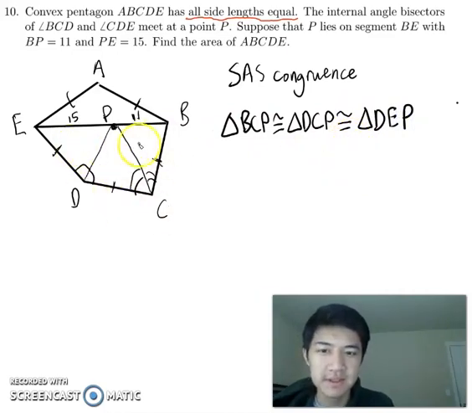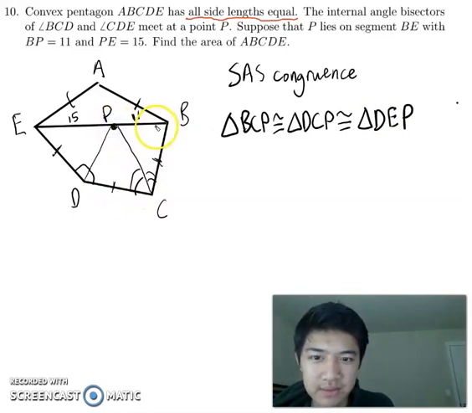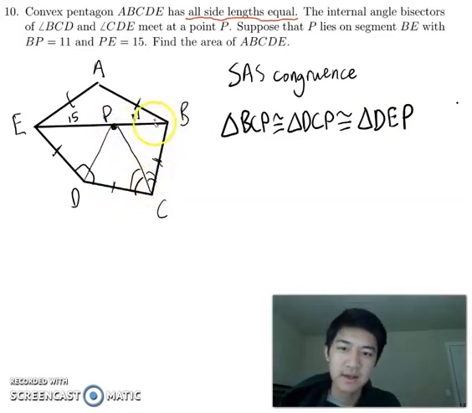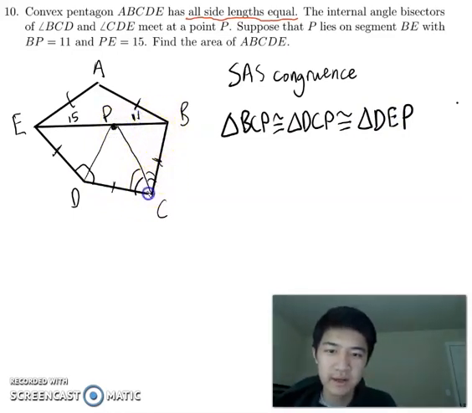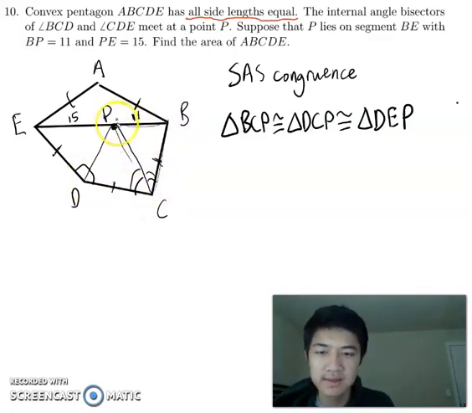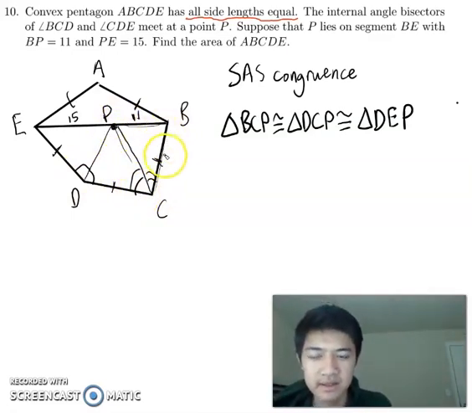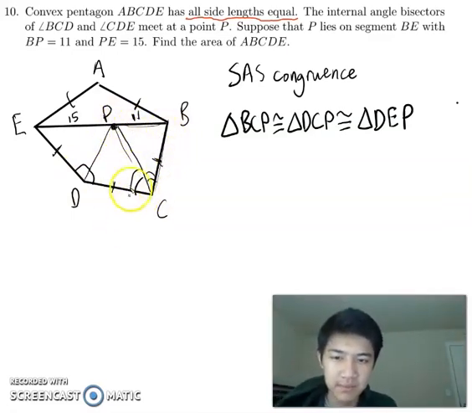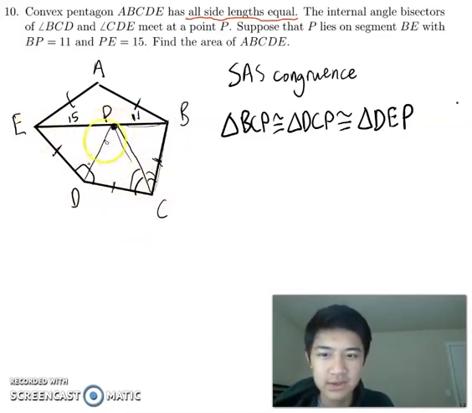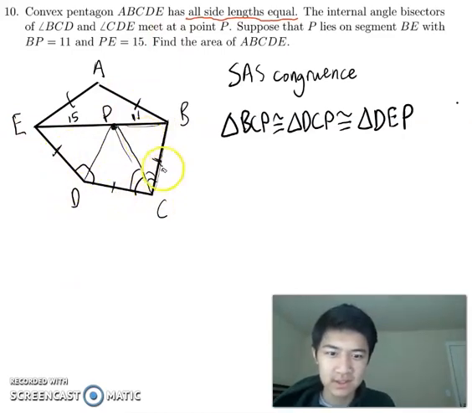So just take a moment to look at this, and you can see that if you reflect this whole triangle right here over to this side, then you should get the exact same triangle on the other side. And same thing if you reflect this triangle over the line DP. So these three triangles are all congruent, and what this tells us is a few things.